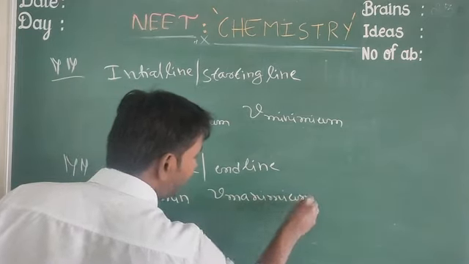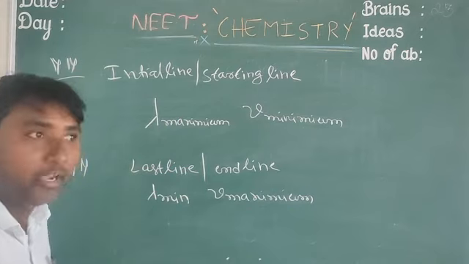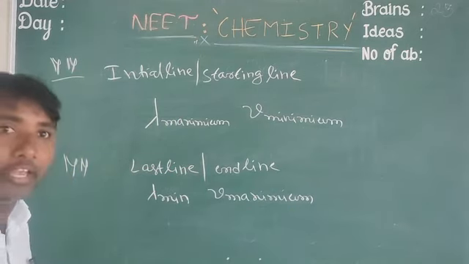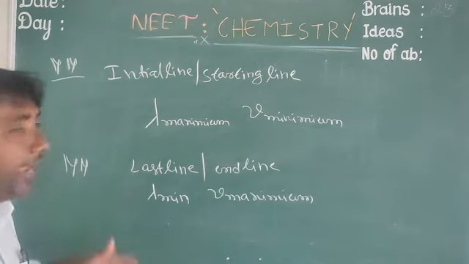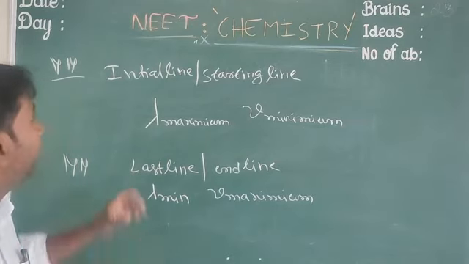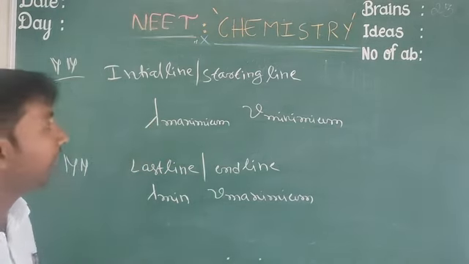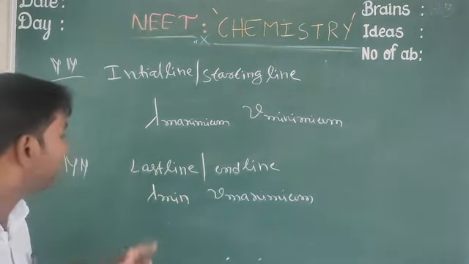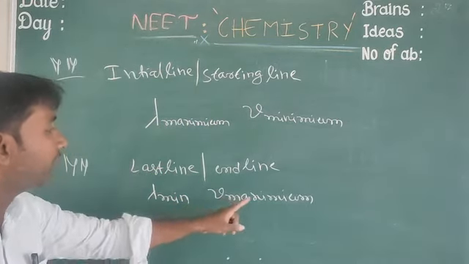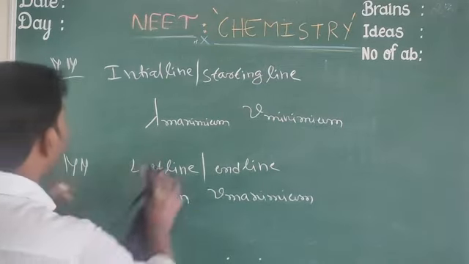Okay, so these are theoretical concepts that come in the NEET exam, which is why sometimes direct questions are asked. So for any series, the initial line or starting line means wavelength maximum, frequency minimum. The last line or end line means wavelength minimum, frequency maximum. Okay, next one.